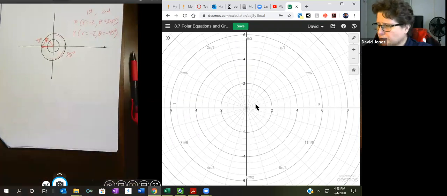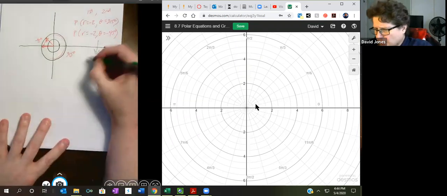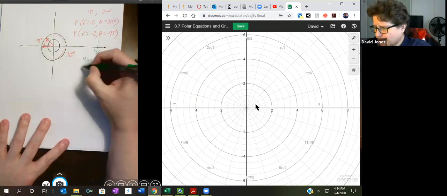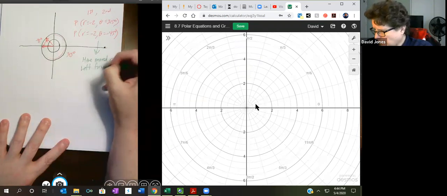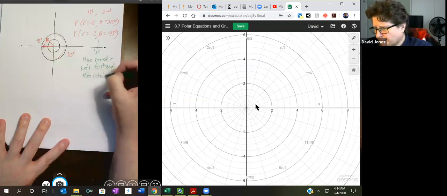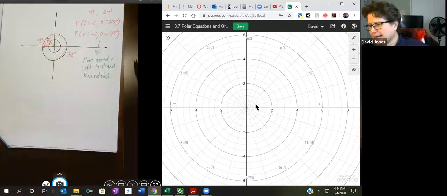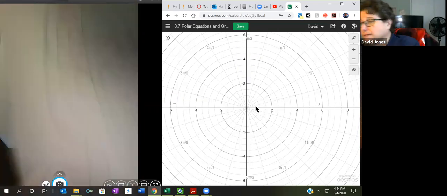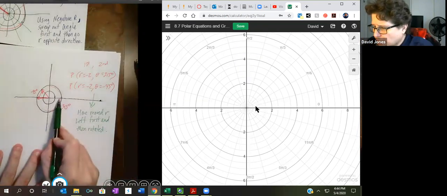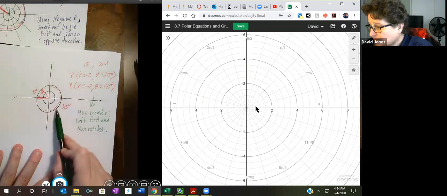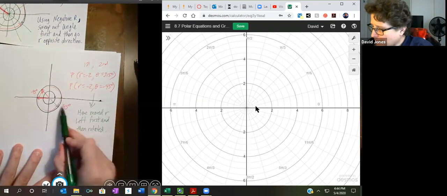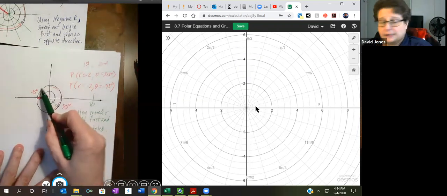You'll see these interpretations work the way I did it. So here I moved r left first and then rotated. But if we match that up with the way I just described it, go out the 315 degrees first, would be going all the way around until you're right here, and then going the other direction 2 units.